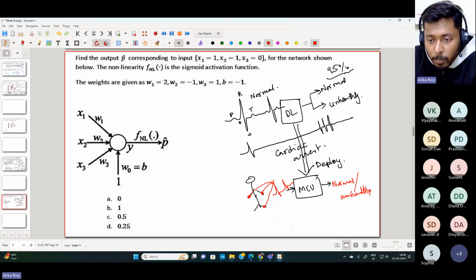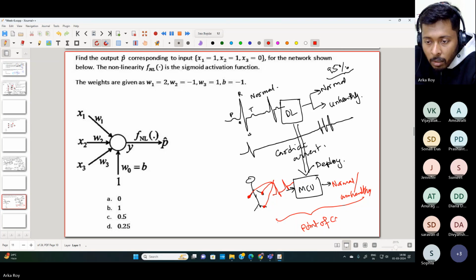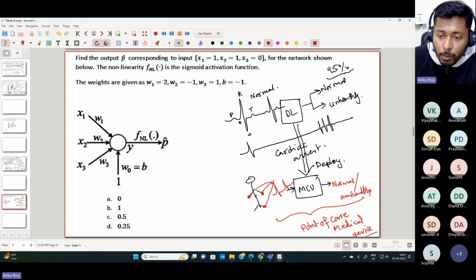These kind of miniaturized devices are called point of care medical devices. And this is the final pipeline that you can do.